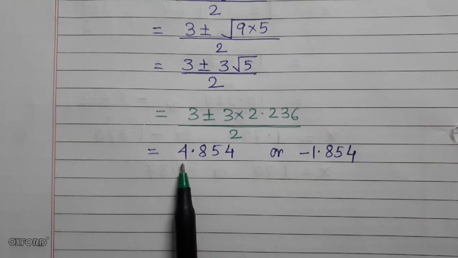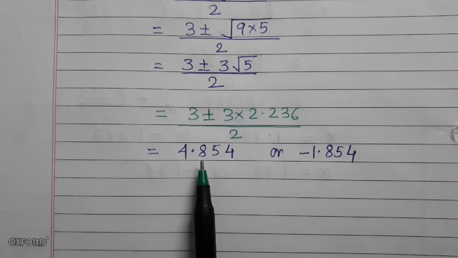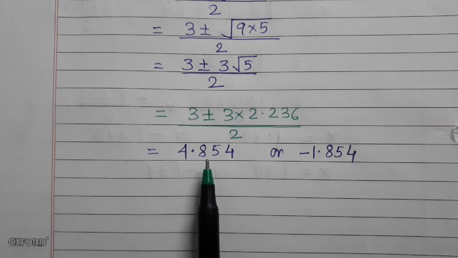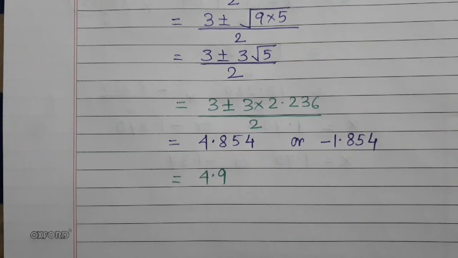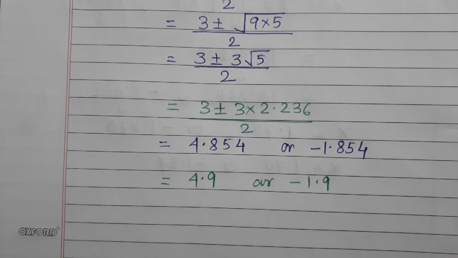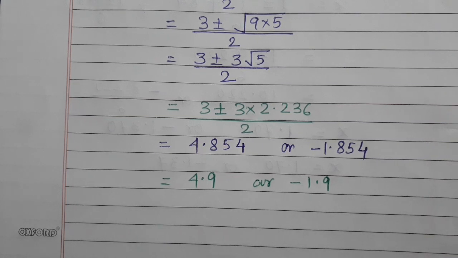The first significant figure is 4, the second is 8. So up to 2 significant figures means up to 4 and 8. After rounding off we will get 4.9, and from the other solution we will get -1.9. Hence the solution will be 4.9 or -1.9.